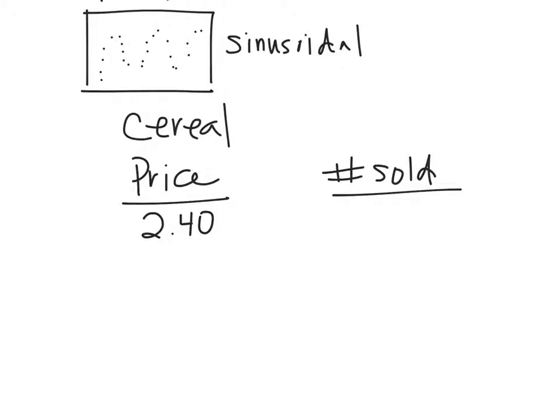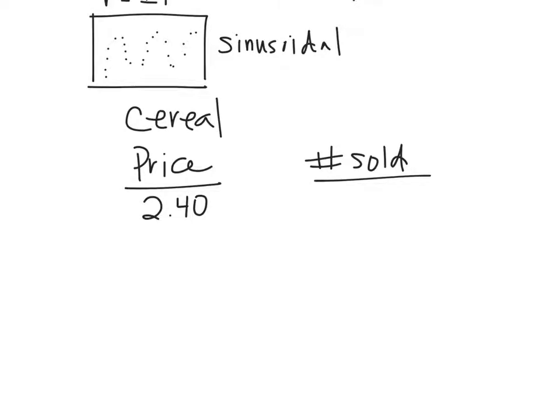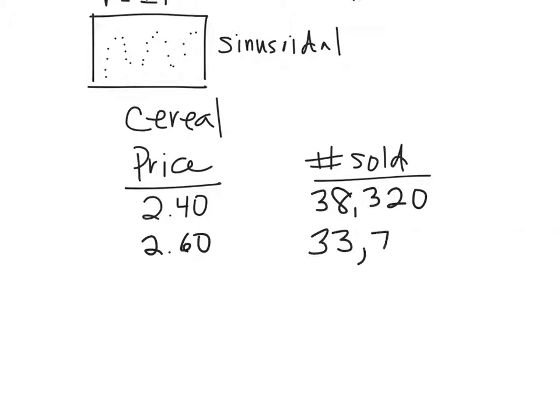The box of cereal was $2.40, and 38,320 boxes were sold that week. Now it's going to go up 20 cents every single week. So the next week it's $2.60. Well, guess what? You think more people are going to buy it? No, fewer people are going to buy it. So this week, 33,710 people bought the cereal. Then $2.80.